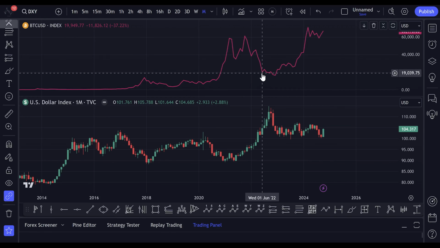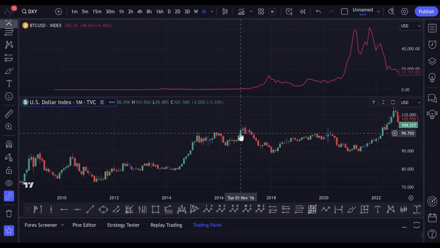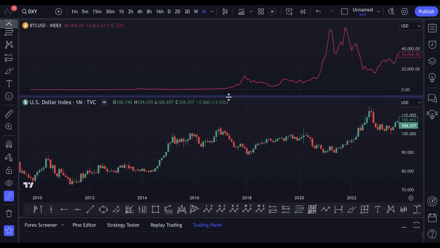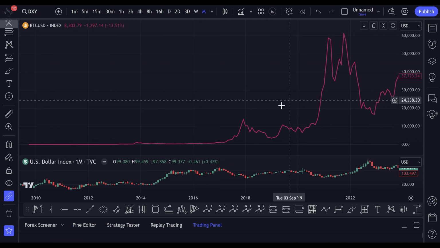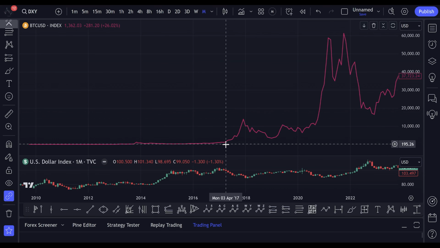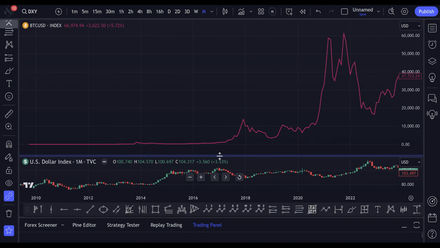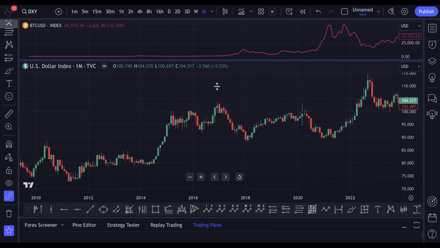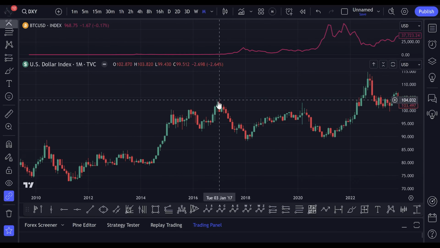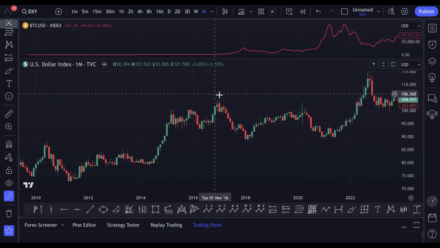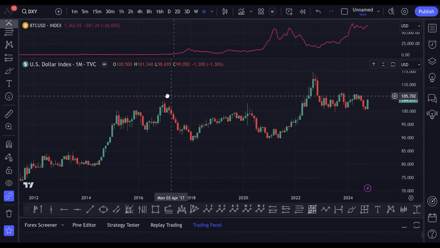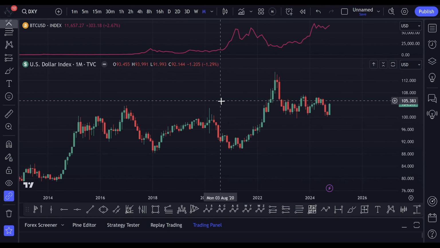Now let's see if it was the case in the past bull runs. We can look up the bull run in 2017, which was right here. And if you remember, Bitcoin was only a few $100s. Then it broke its old all-time highs here, and then it moved all the way up to 20k. And now if we look at the DXY, here we actually had the top at the DXY, and then we saw a really strong downtrend. And now if we go and look at 2020 and 2021, we had the same thing.